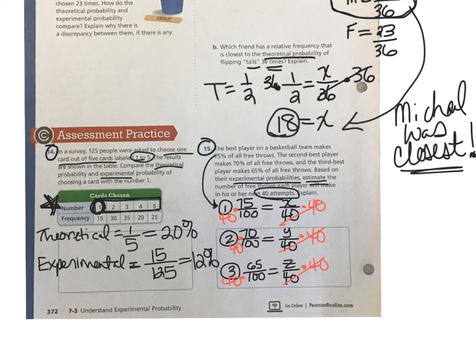So in the case of player number 1, we have 40 times 75 divided by 100.